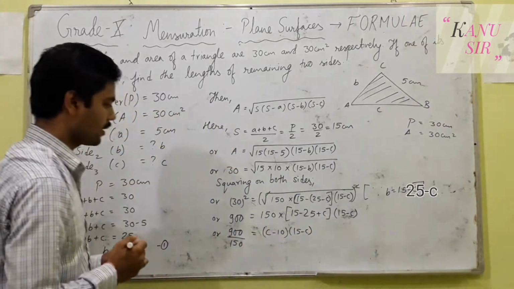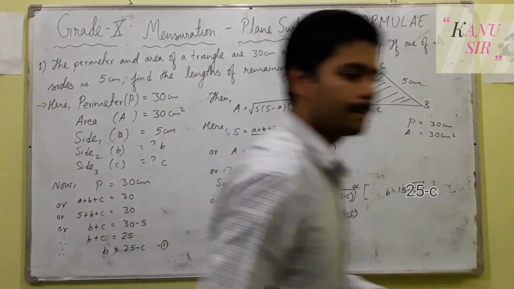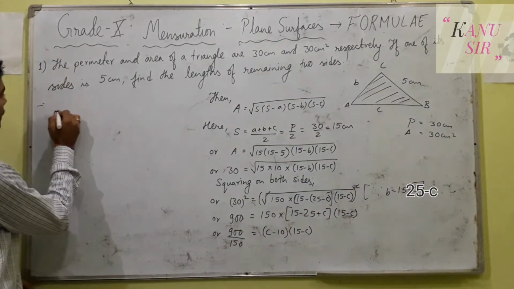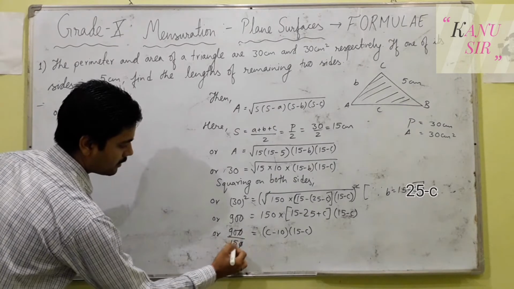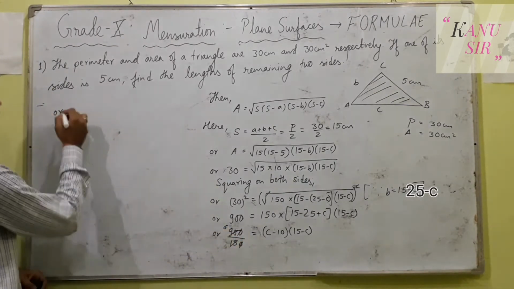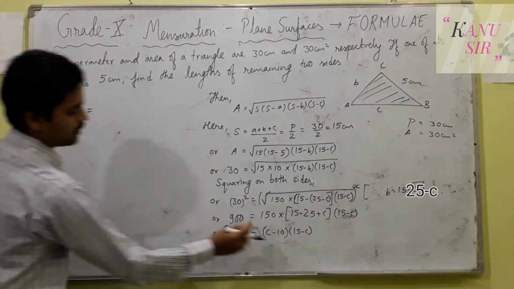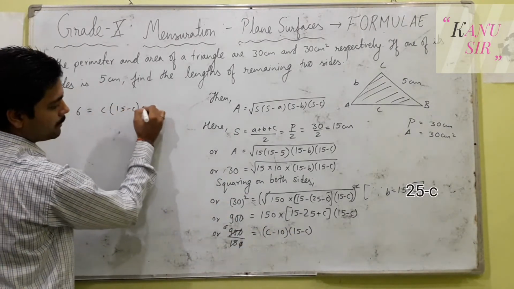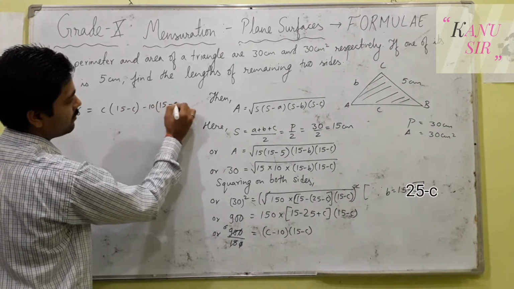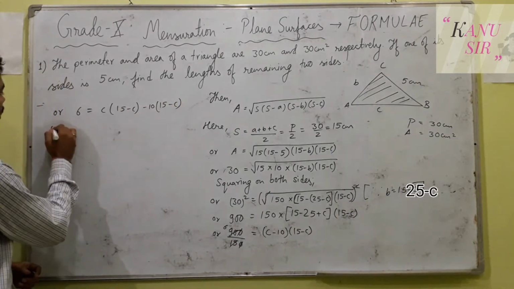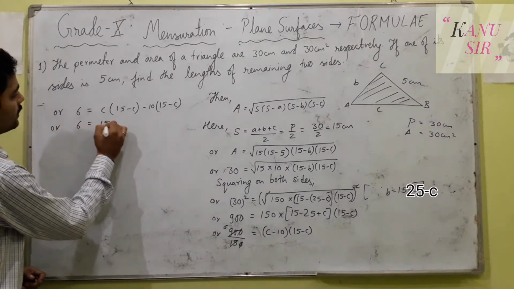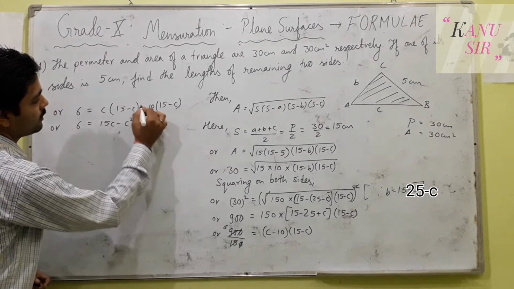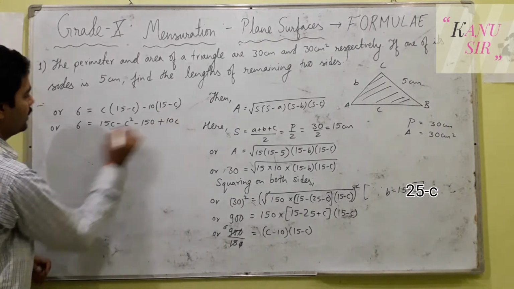Now let us erase the code. Zero cancels, 15 times 6, so 6 is equal to, multiplying these two terms, C times 15 minus C minus 10 times 15 minus C. Or 6 is equal to 15C minus C square minus 150 plus, minus minus plus, 10C.